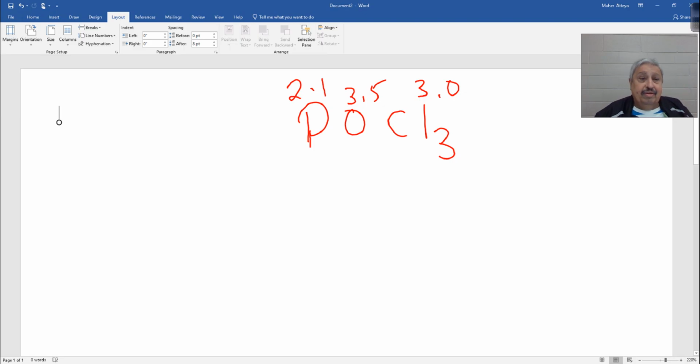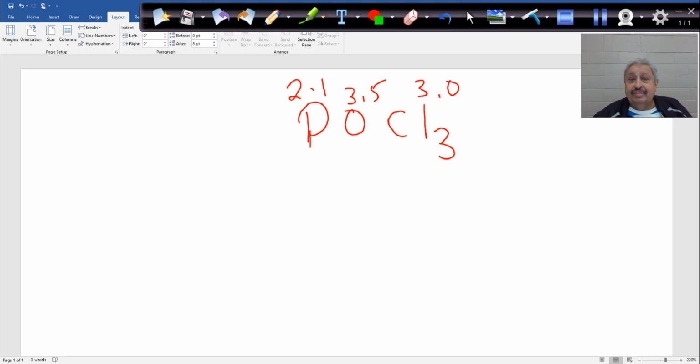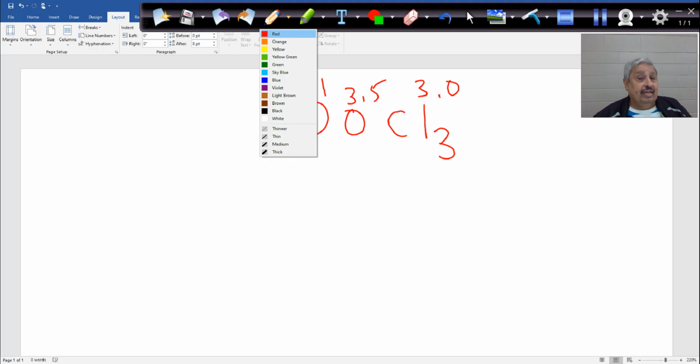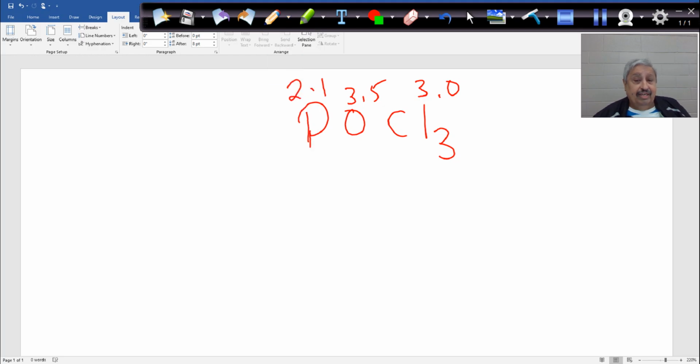But here, my intuition will tell me which one I have to put in the middle: the least, what? Electronegative atom, correct? So I put the phosphorus here. And the oxygen and chlorine are the most electronegative, and the difference between them is 0.5. I cannot put them very close to each other. I'll try to get them.